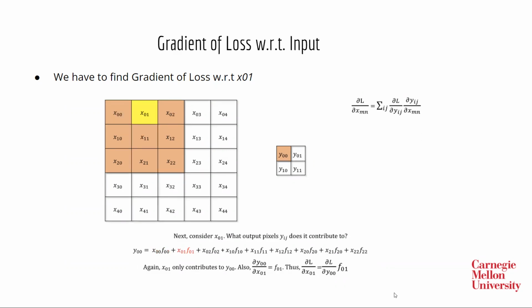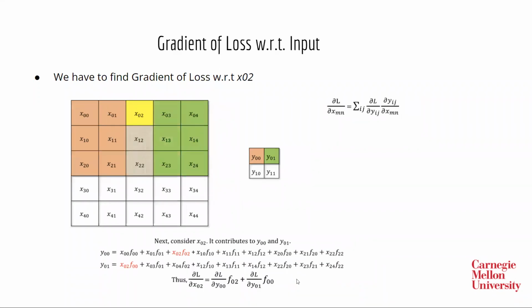Similarly, if you see gradient of loss with respect to x01, it's only affecting one of the outputs, so you just have one term in that gradient equation. If you look at x02, when we did the convolution, it was a strided convolution, stride equals 2. So this was the first output, and the second output was contributed by this particular map.